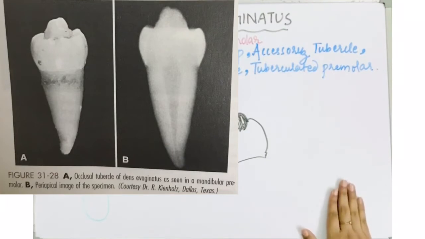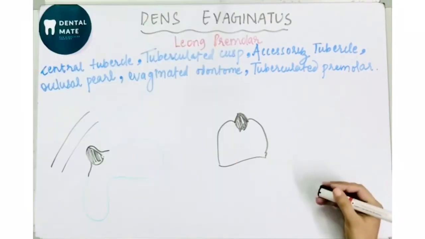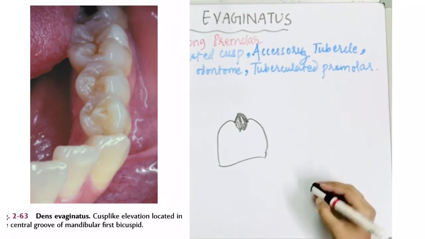Okay, so the cases have been reported in molars also, but it is most commonly seen in premolars. Okay, and this is usually seen bilaterally, and mandibular premolars are more commonly involved as compared to the maxillary premolars.